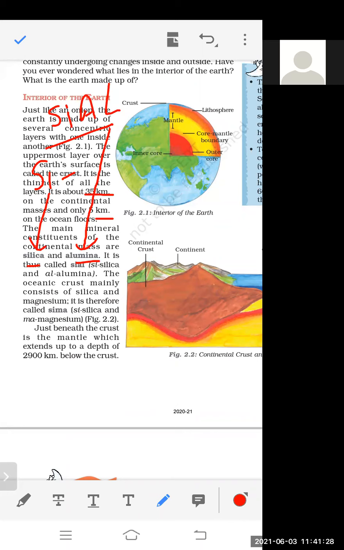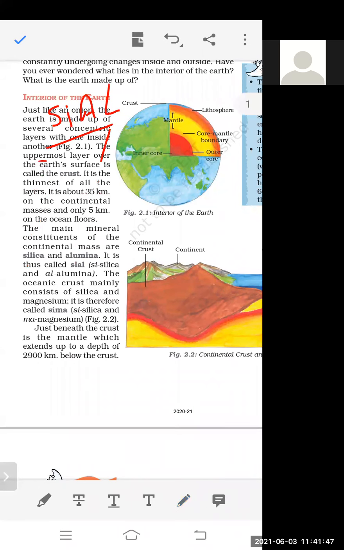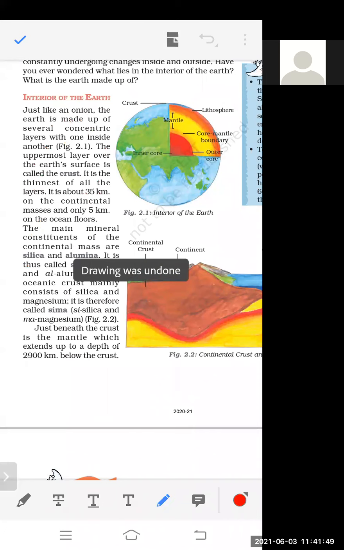So the minerals which constitute this part are silica and aluminium, right? The oceanic crust mainly consists of silica and magnesium. Now beneath the crust, there is the second layer which is called mantle.